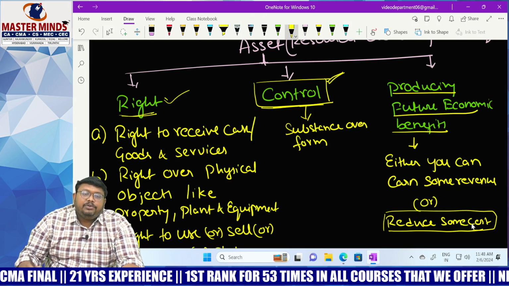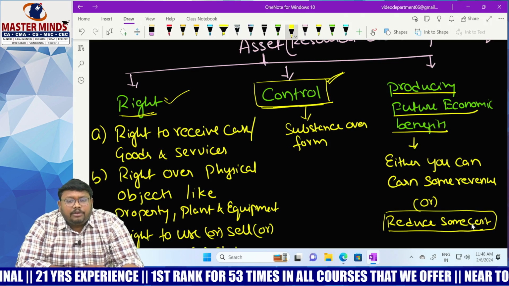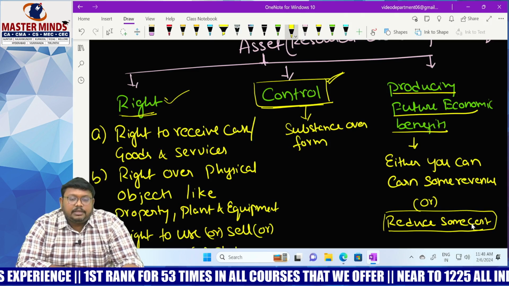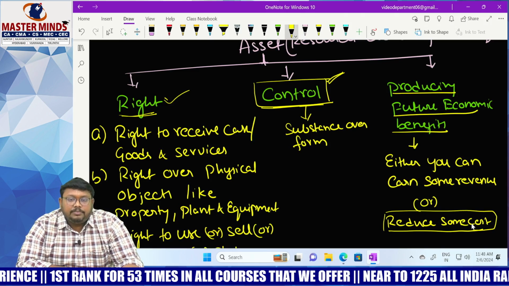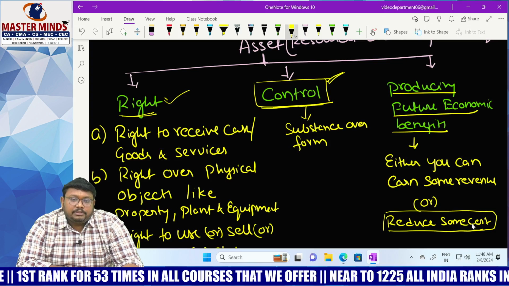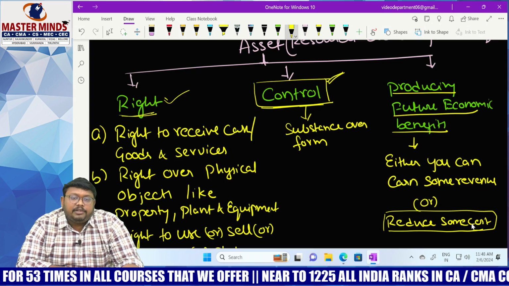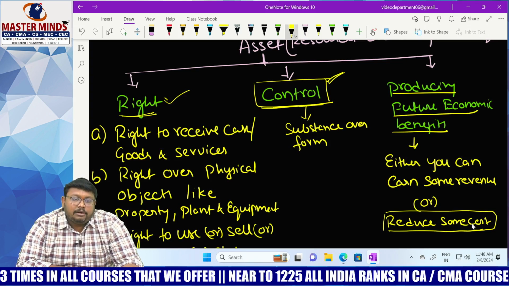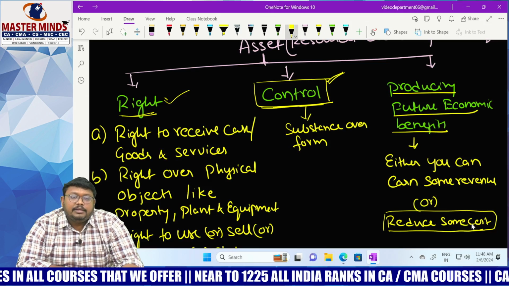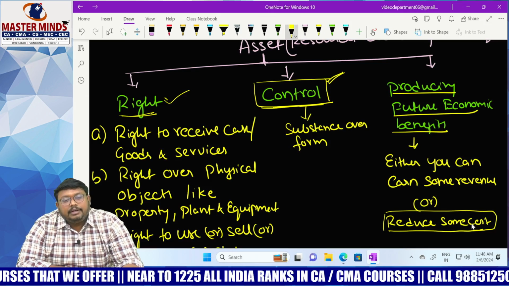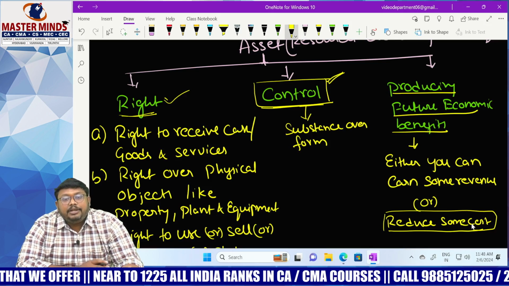For example, if you have a lot of requirement of photocopies, we can say Xerox copies. Every time you go to the Xerox shop and take photocopies of the papers. Instead of that, if you purchase one Xerox machine for your company, then no need to go outside, no need to outsource, because this asset reduces that cost.